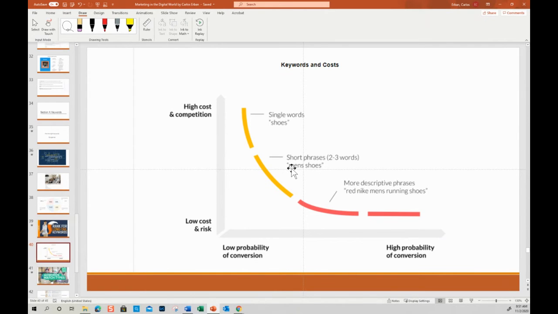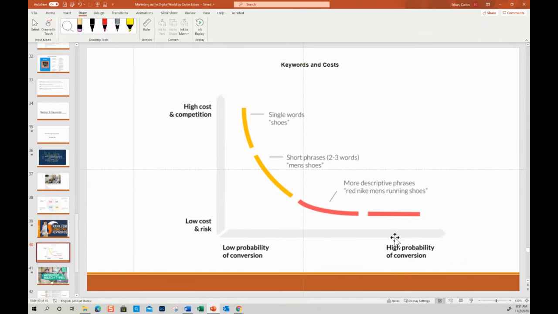Now, if you have men's shoes, well, you have a higher probability because a lot of the websites that sell shoes may sell women's shoes. But still, you have a lot of competition, maybe not as much as shoes only, and a low probability of conversion.